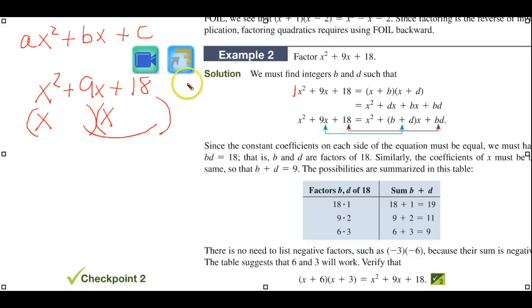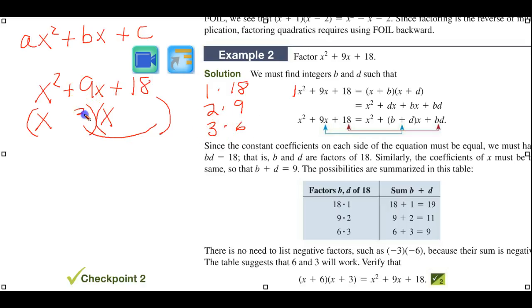So we start listing the factors. 1 times 18. We do this mentally. That's going to be a 19 if they add them up. Well, how about 2 times 9? That adds up to an 11. How about a 3 times 6? That adds up to 9.